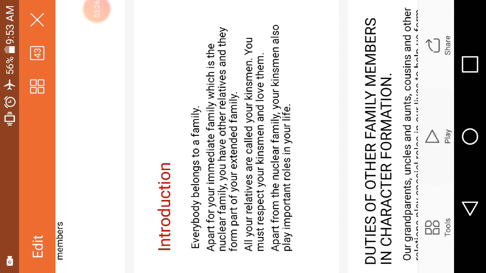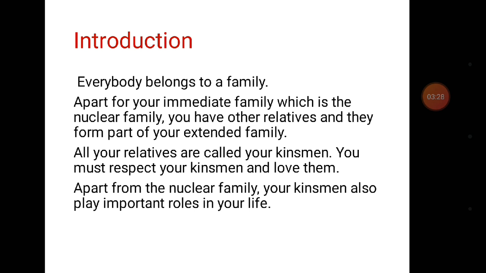Apart from the nuclear family, which is parents and their children, we also have other relatives like uncles, aunts, grandparents, cousins, and so on. And these people form what we call the extended family system, or the extended family.